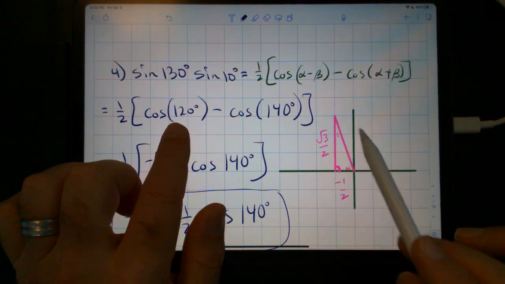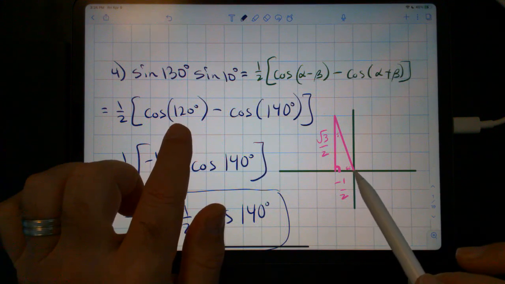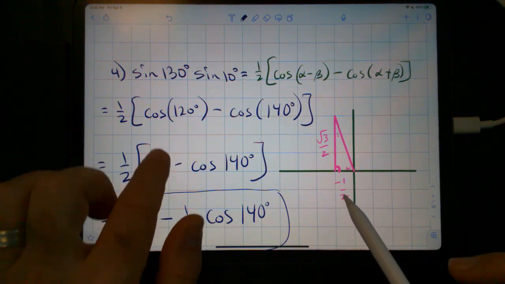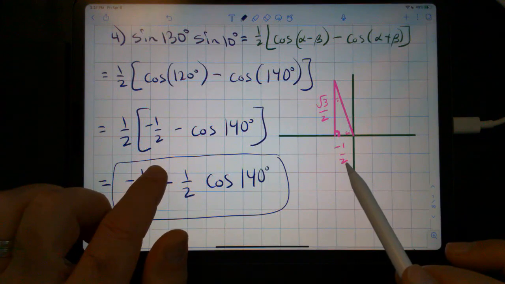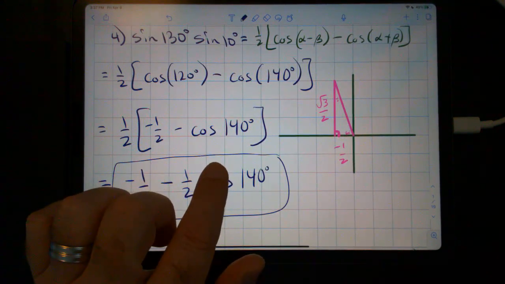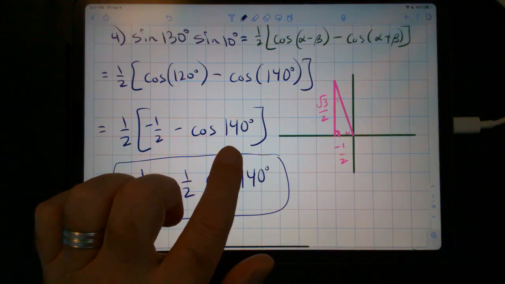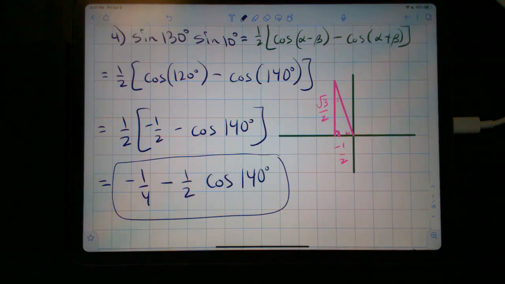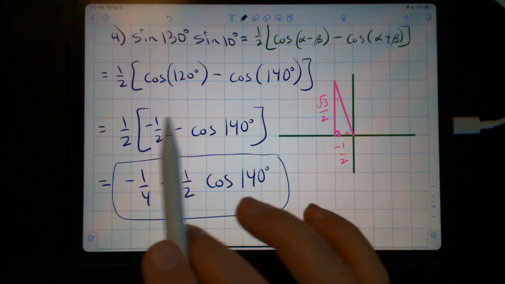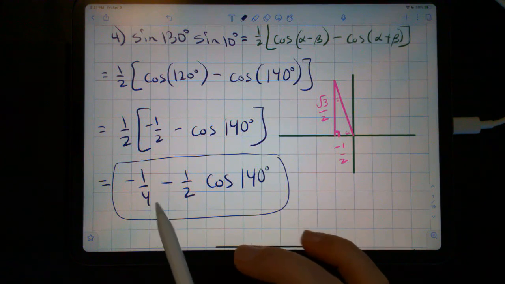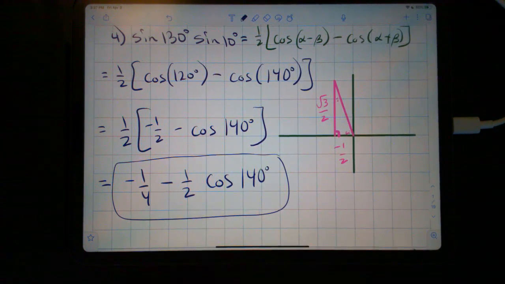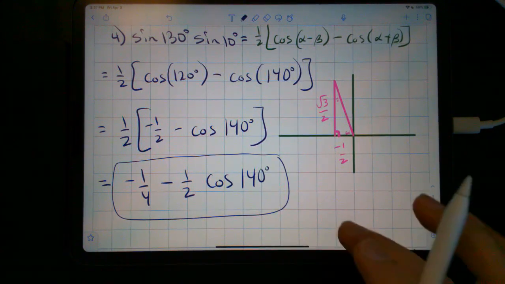I'm going to have this configuration with a 30, 60, 90 triangle. Cosine of 120 is negative 1/2. Cosine of 140, we can't really do anything with it. We can if we apply the sum and difference formulas enough times, but I'm not going to do that here. So this gives us negative 1/4 minus 1/2 times cosine of 140.